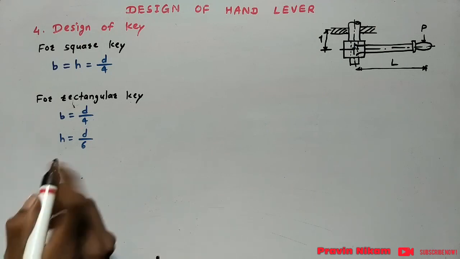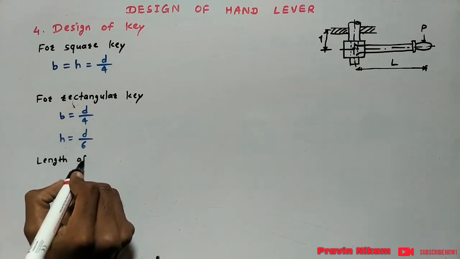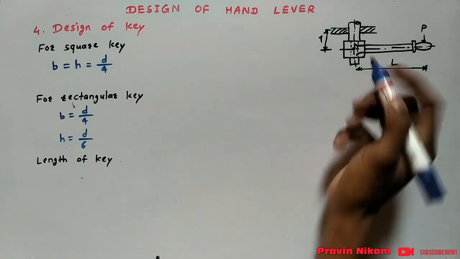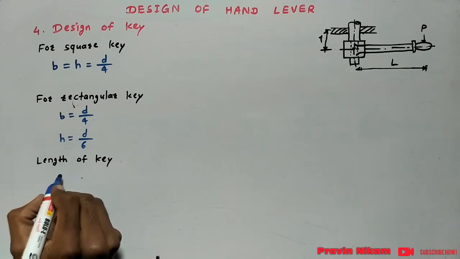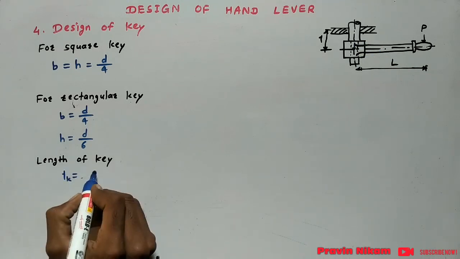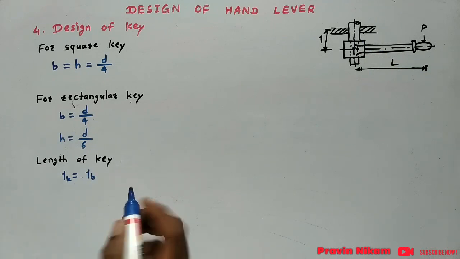Now the next one is length of key. So length of key is equal to length of boss, that is LK is equal to LB.